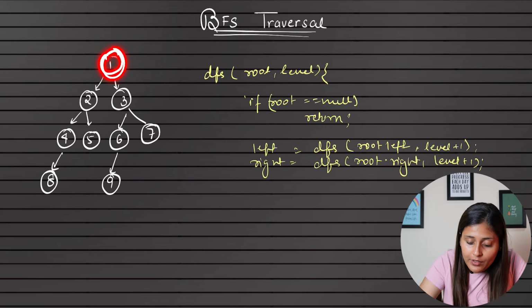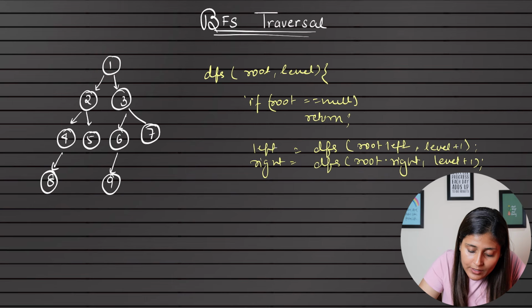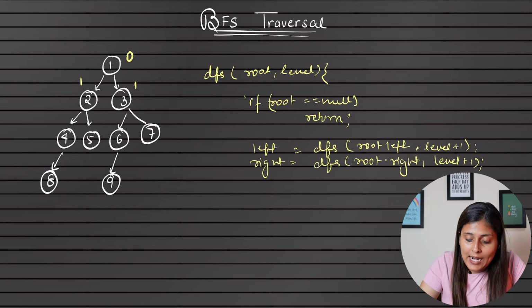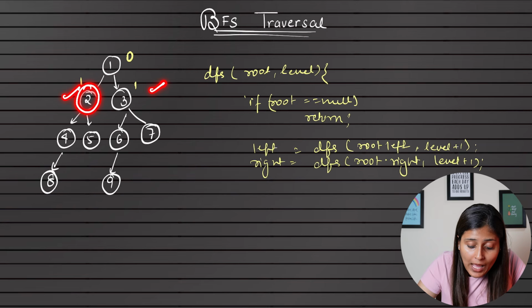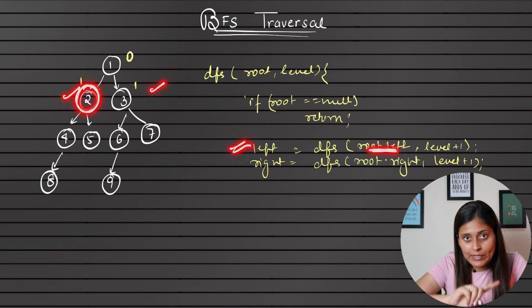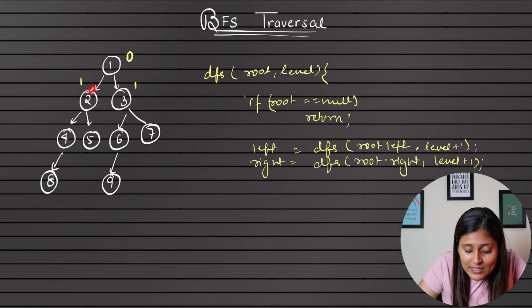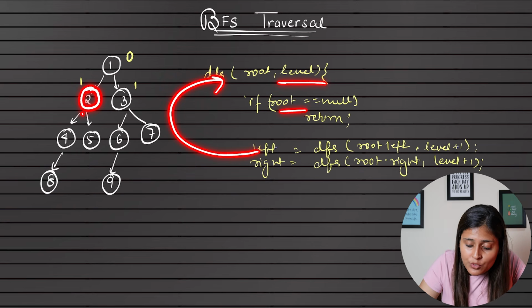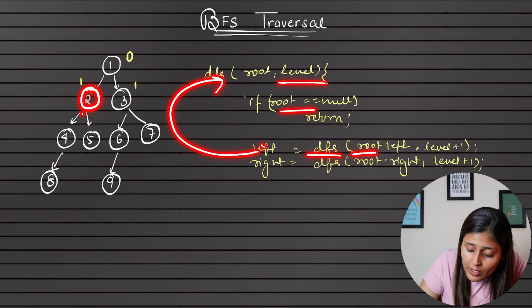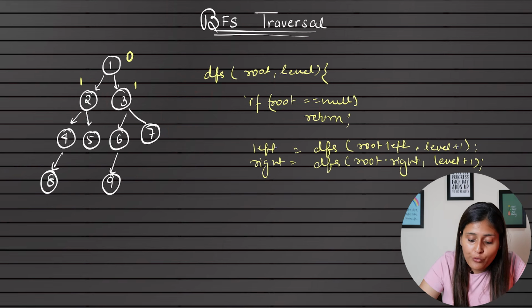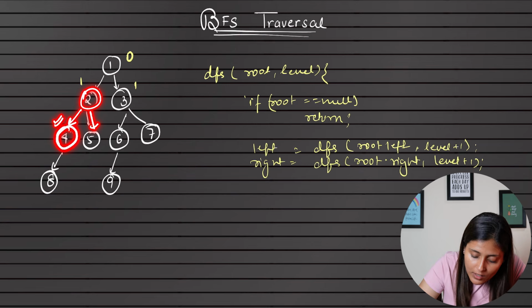Now what will happen? Coming from here, I had level 0. Now here level 1, level 1. Now we had to make 2 calls, but recursively we will be able to make only the first call, whatever we have written. We have written left first, so the left call will be done. Once we did the left call, again for 2 it will check is root null, no, then for 2 we will call left and right. As left is first, we will call this.